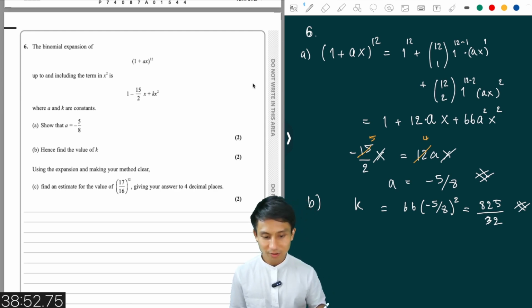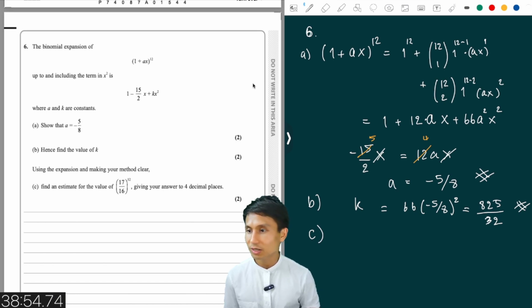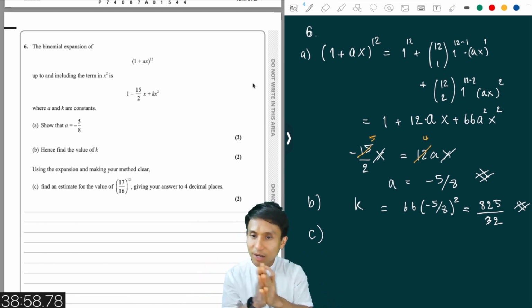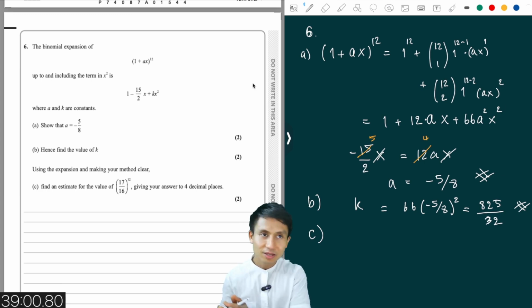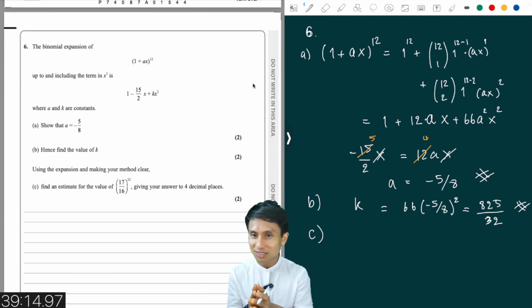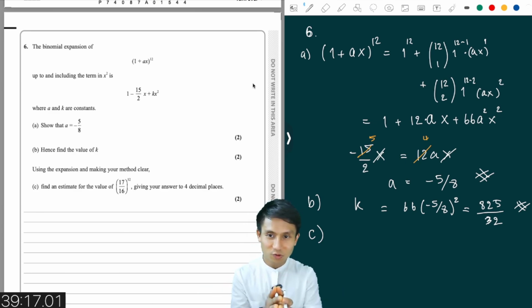Okay, so part C down here. Well, this is where you need to equate between the binomial expansion and the exact form, right? We're going to make the estimation for 7 over 16 to the power of 12.